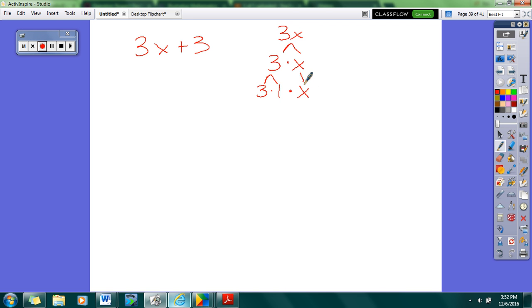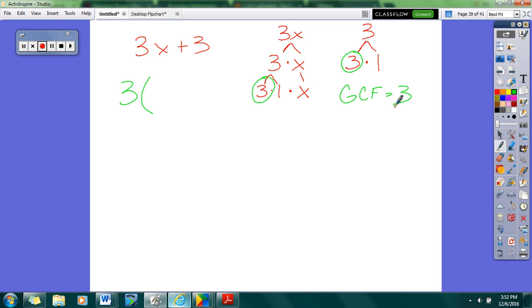If I were to make a factor tree of 3, it'd be 3 times 1. Again, I have to find all the partners. 1 doesn't matter, but I have partners of 3. So I'm going to pull 3 on the outside of my parentheses, because that's my GCF.